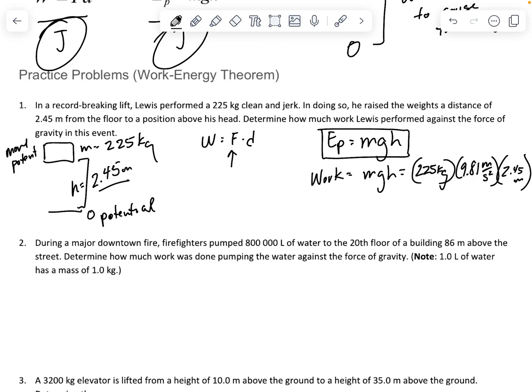So if I multiply those things, the change in energy from the 0 potential to the top is 5,407.7625 joules. Well, I need 3 sig digs, so it'll be 5.41 times 10 to the 3 joules, or 5.41 kilojoules, and that's the work he did to lift that object.